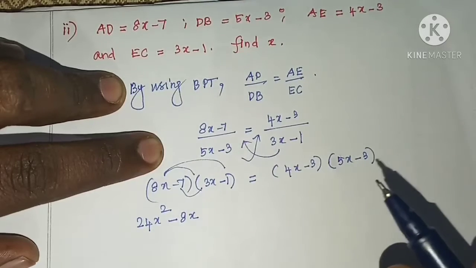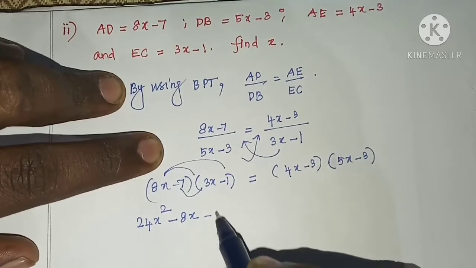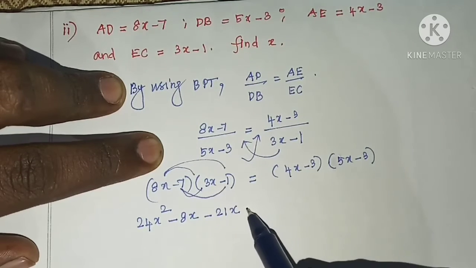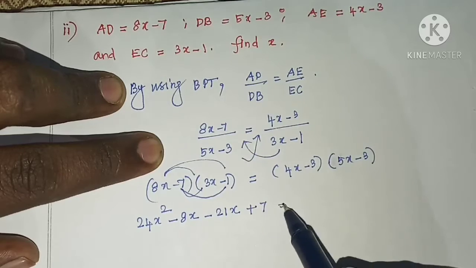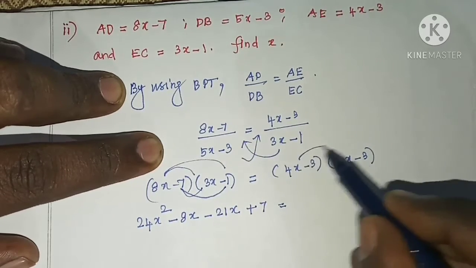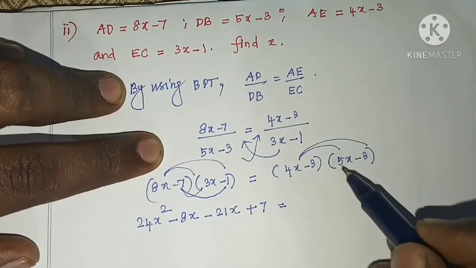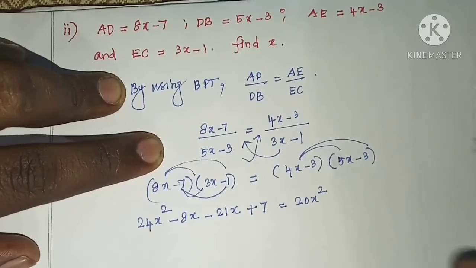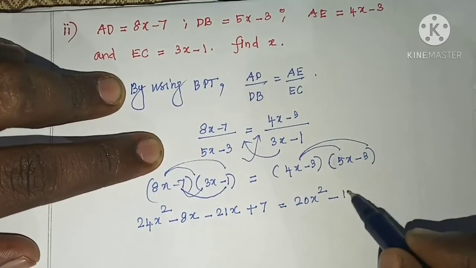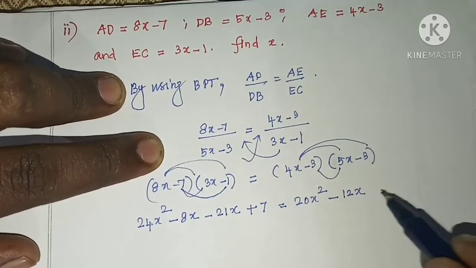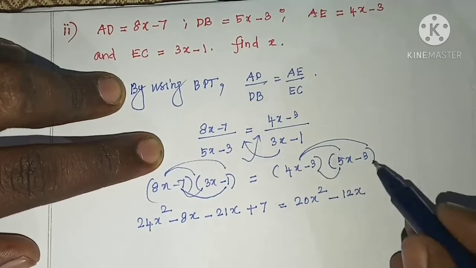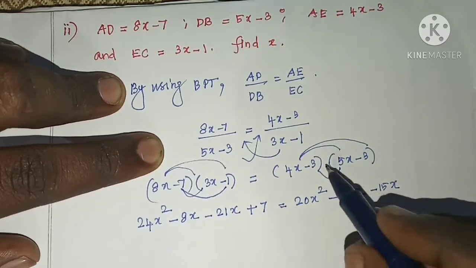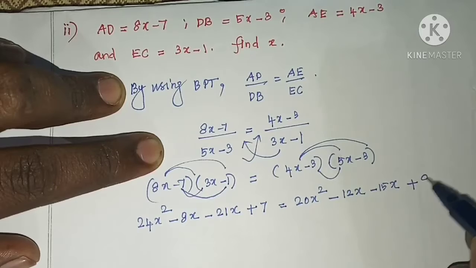Minus 7 into 3x gives minus 21x. Minus into minus plus, 7 into 1 is 7. On the right, 4 into 5 is 20, x into x, x square, so 20x square. Next 4x into minus 3 is minus 12x, and minus 3 into 5x is minus 15x. Minus into minus plus, 3 into 3 is 9.